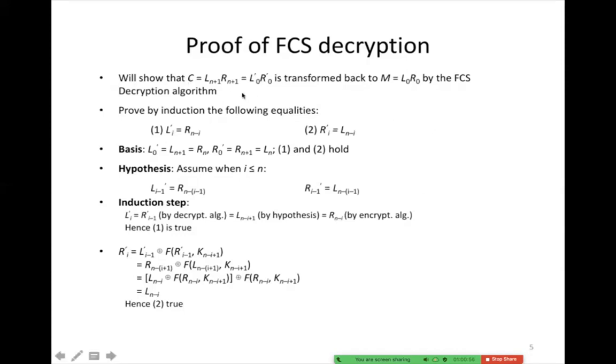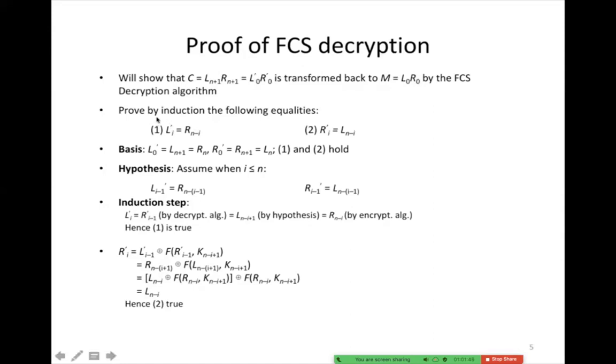This is what we need to show: that the output of the decryption algorithm is M. That means we want to show that L0 prime, R0 prime under this decryption algorithm produce L0, R0, or we want to show that L sub n plus 1 prime followed by R sub n plus 1 prime is equal to L0, R0.